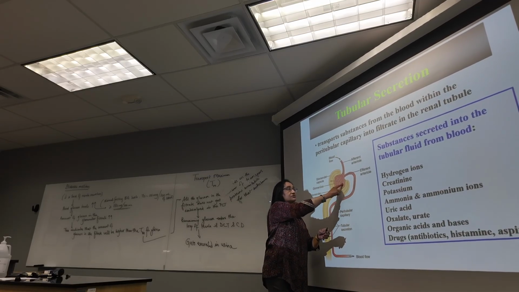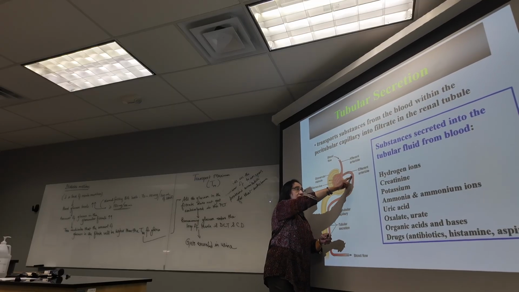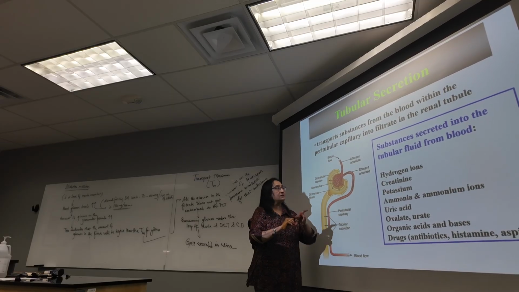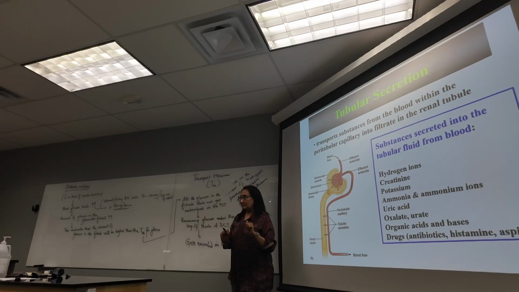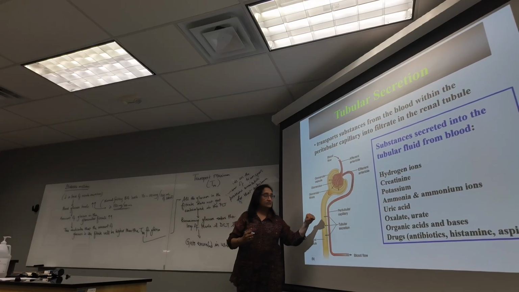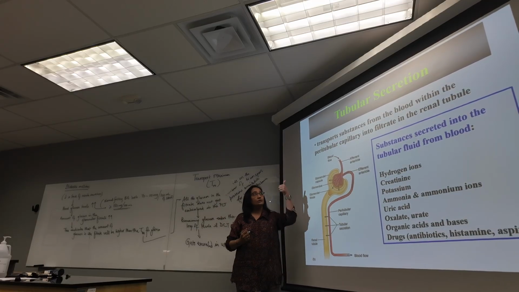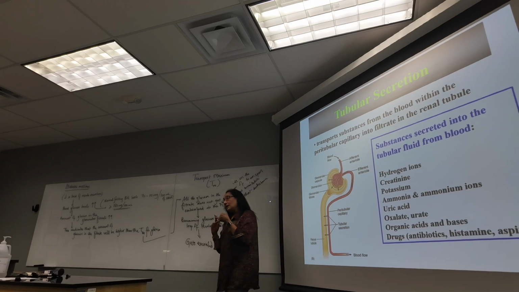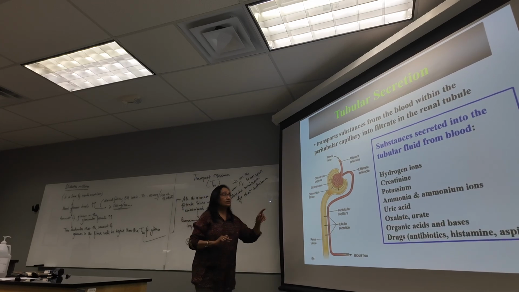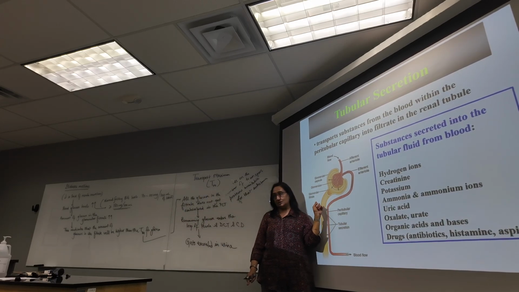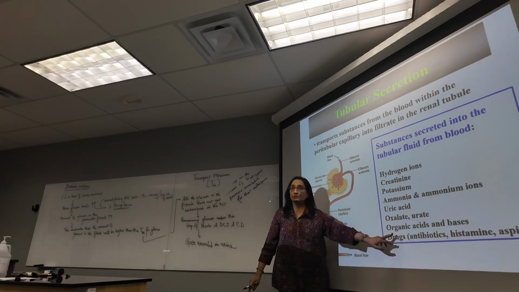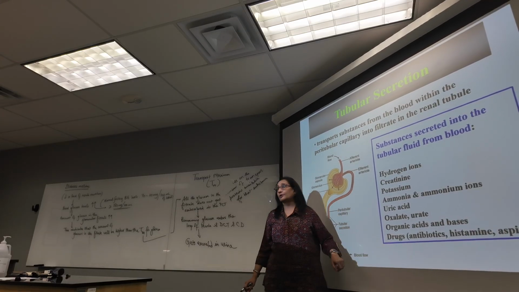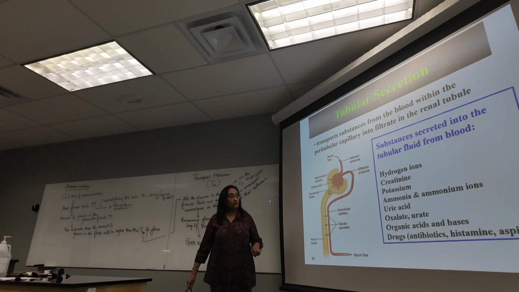As the blood is flowing through the capillary, it somehow escapes it and gets into the peritubular capillary. So you need to have a second mechanism to throw it out. That's where tubular secretion comes in. And it's also for substances that are too big to be filtered, especially the breakdown product of drugs.